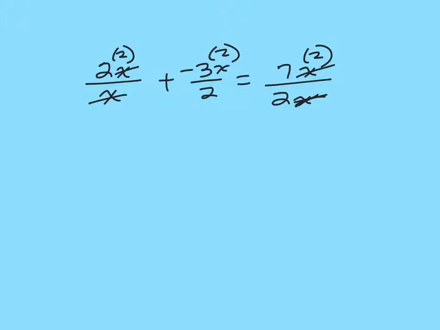And the 2's are going to cancel in the middle, and the 2's are going to cancel over here on the right. So we've been able to clear the fractions. Now, let's multiply. 2 times 2 is 4. Here in the middle, all we got is negative 3x. And on the right side, I got 7.